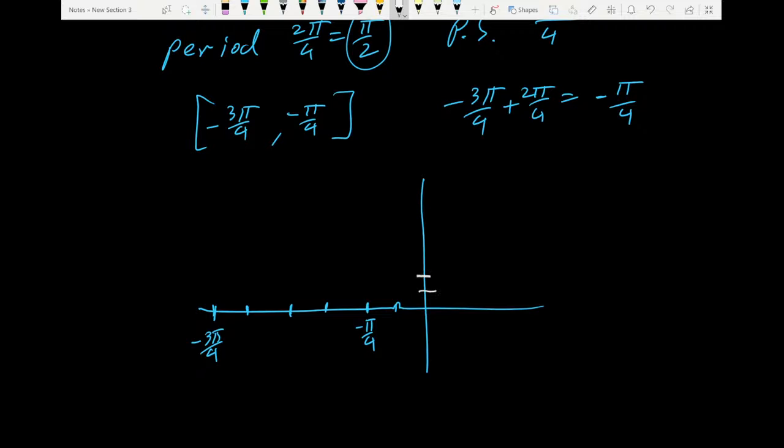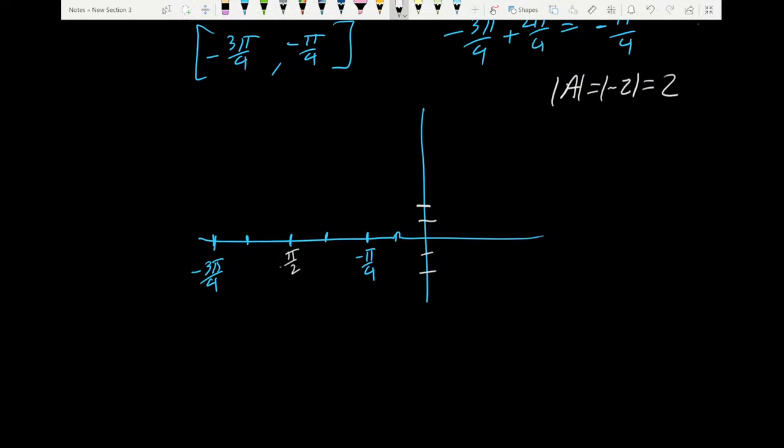It's negative 2, so the amplitude is 2. So it's cosine, and the period is pi over 2. And to find the midpoint, you add the 2 points, negative pi over 4 plus negative pi over 2, divided by 2.